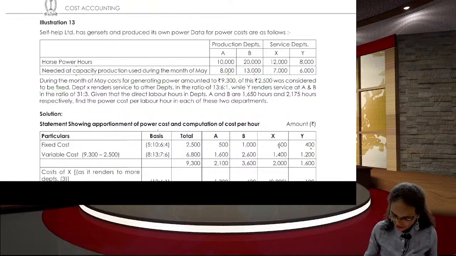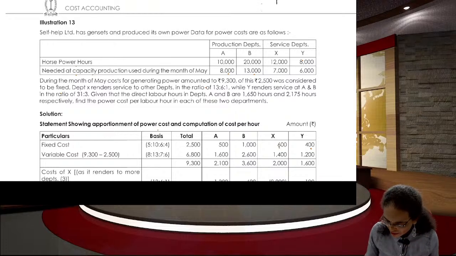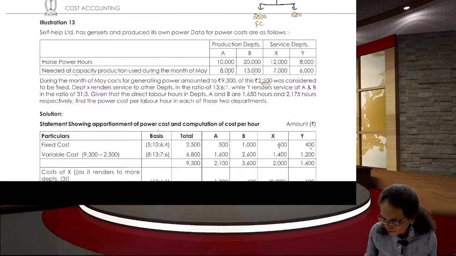See, I'll write here: 9300 rupees is the expenditure incurred for the May month. In this, 2500 rupees belongs to the fixed portion. In the sense, the remaining portion is the variable portion.